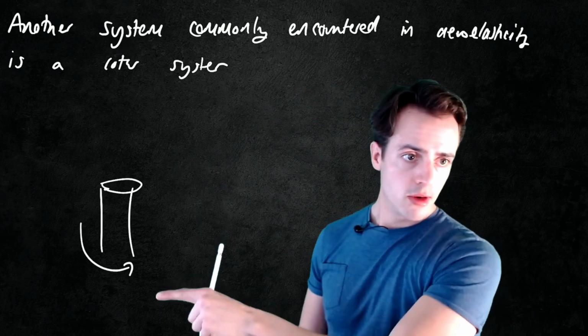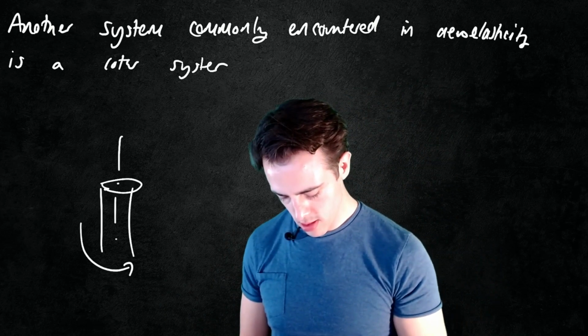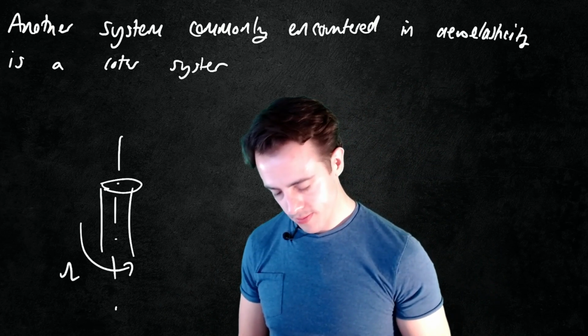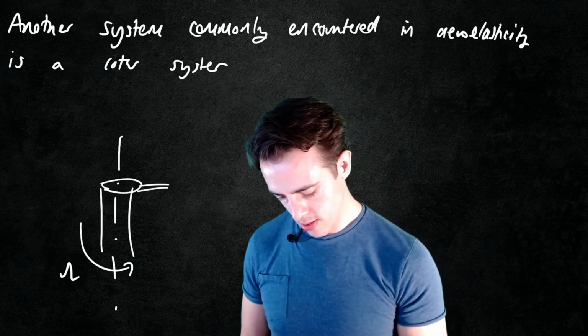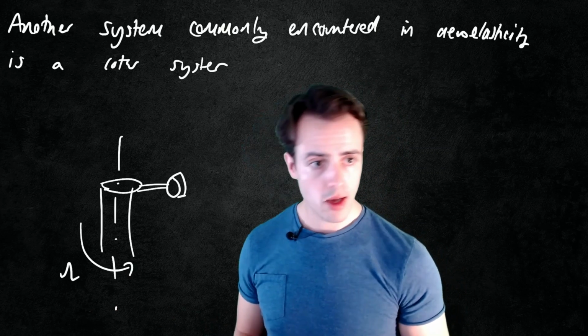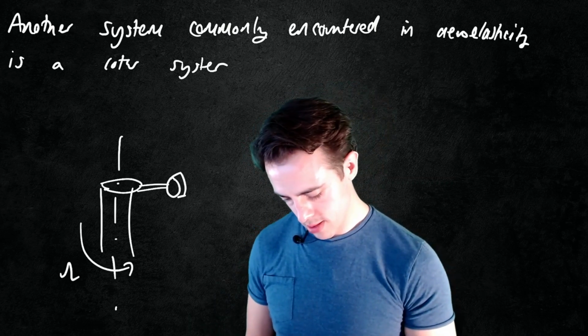So if this is my rotor hub, then I've got a rotation. I've got a rotational speed omega, and I've then got a hinge that enables the blade to flap.